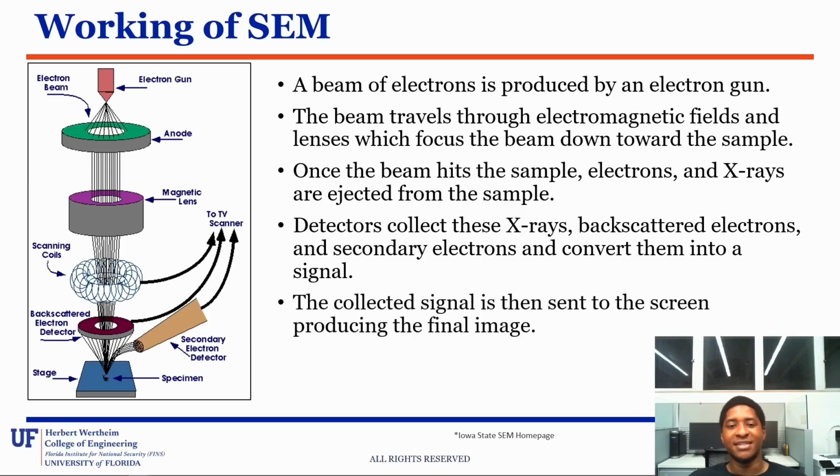This collected signal is picked up and converted into an image that you'll be able to see on a screen. You don't really see the screen on the image we have in the slide, but a conventional SEM would have, for example, a computer screen that a user can refer to and follow the entire structure of the device under test.